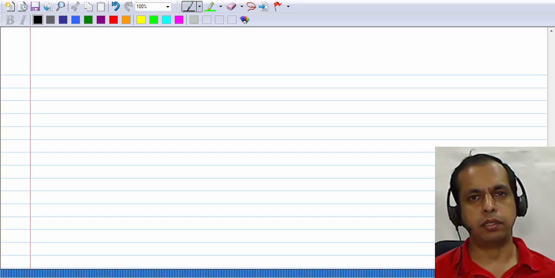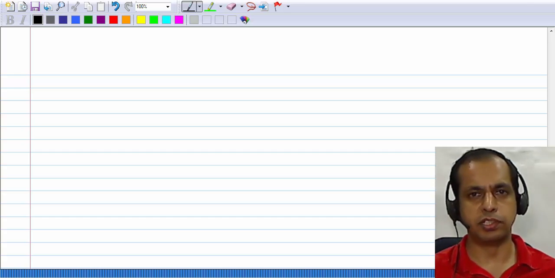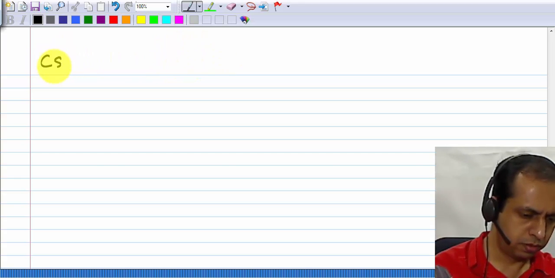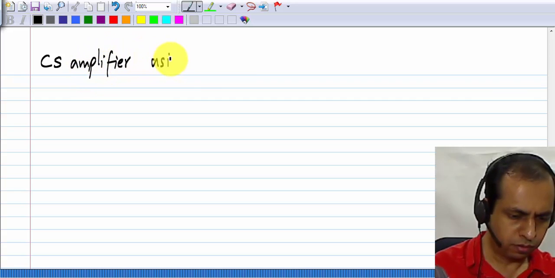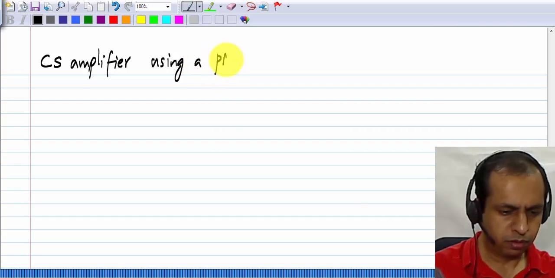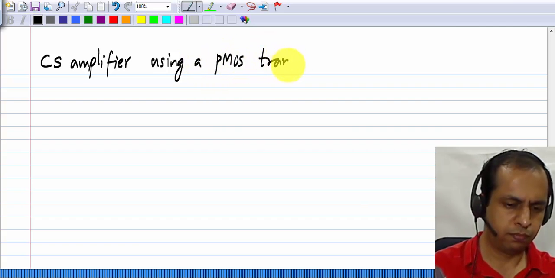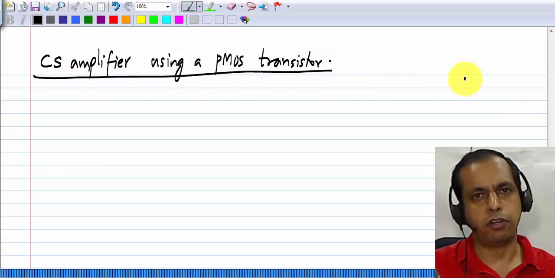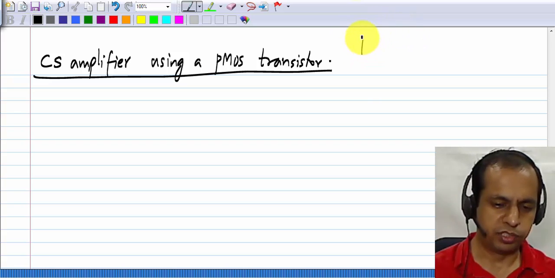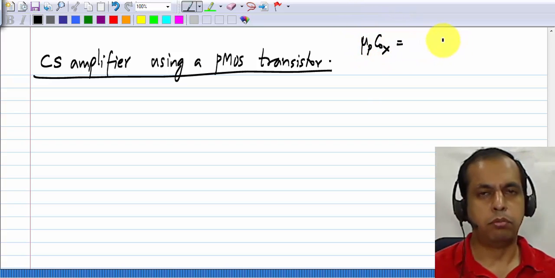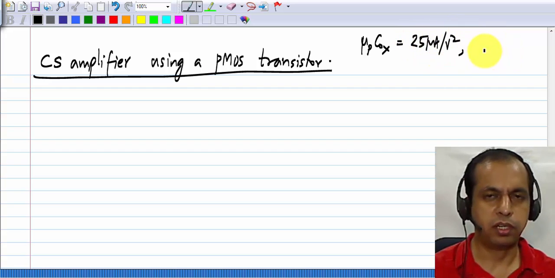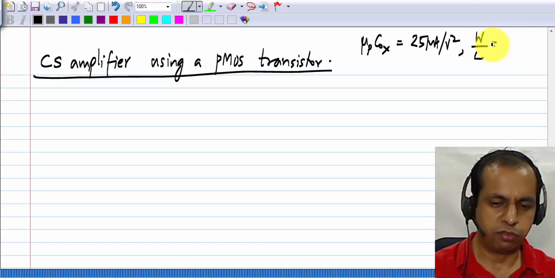Now we will try and build a common source amplifier using a PMOS transistor. For illustration, I will use a PMOS transistor whose mu PCox product is 25 microampere per volt square, and I will choose W by L equals 4.